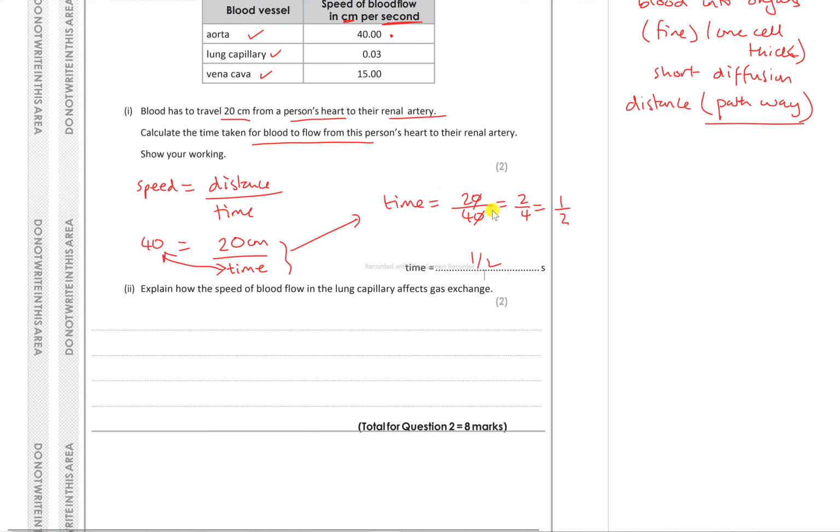Alright, explain how the speed of blood flow in a lung capillary affects the gas exchange. So have you noticed the flow is really slow? So slow flow means there's more chance or more diffusion takes place.